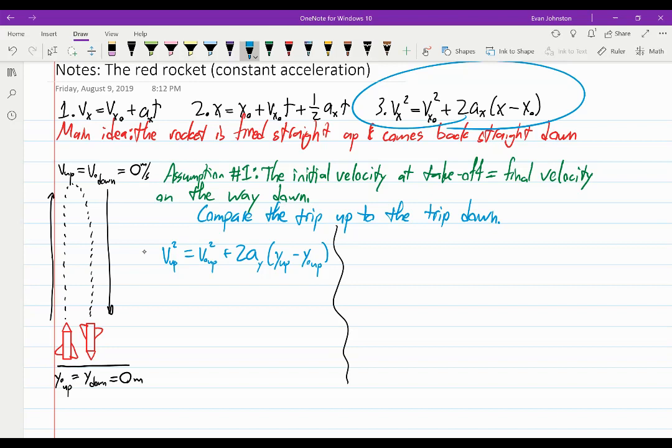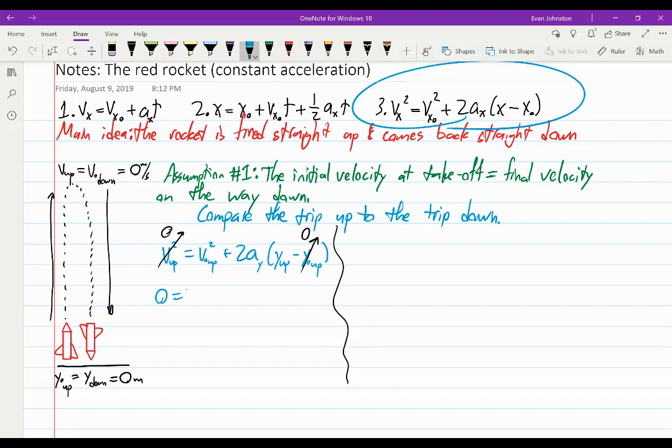So that's just the final y minus the initial y, okay? Now, we said that at the top on the way up, it stops. So this final speed is 0, and we get to call the displacement where it's at on the bottom 0 as well, okay? So let's rewrite that.